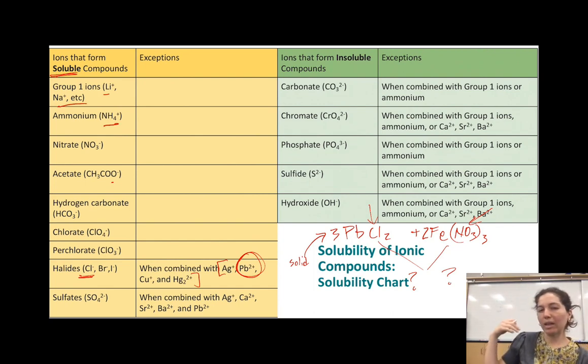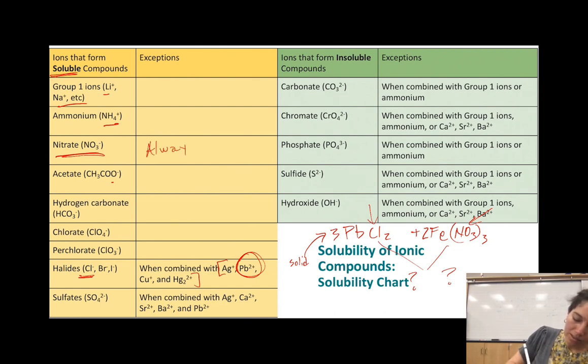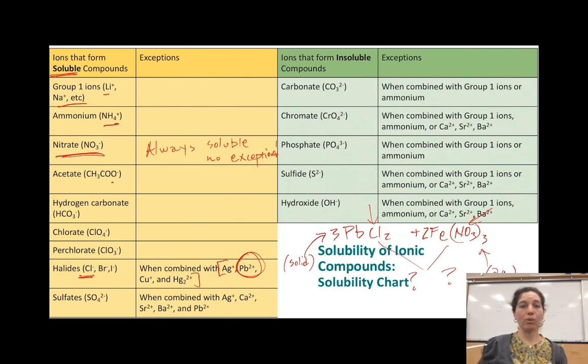So you're usually going to be looking at anions in order to figure out what's on this chart. Nitrates are over here, and these are always soluble, no exceptions. So that one's definitely soluble. So this one is aqueous, AQ, and this one is our solid. That's how you answer this question.